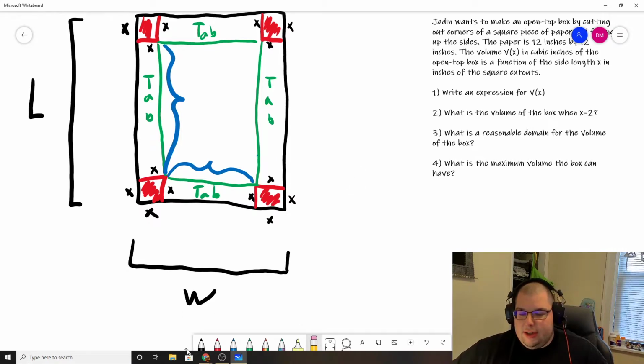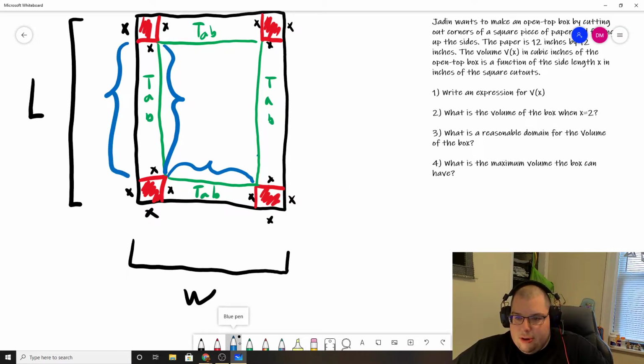So this middle distance right in here is the leftovers from removing those squares. So this blue distance is the full black length minus the amount that I cut out up top and the amount that I cut out on the bottom.